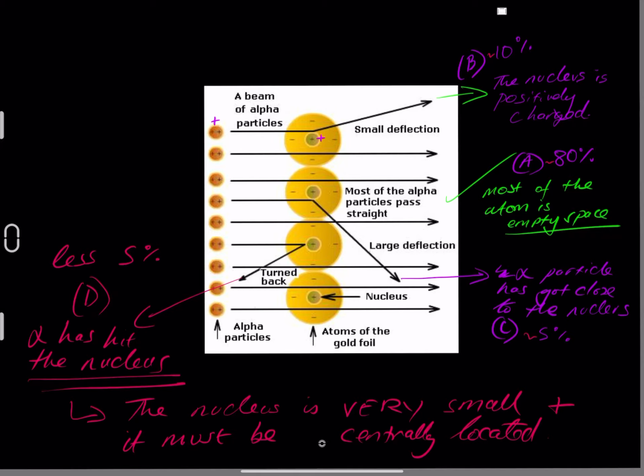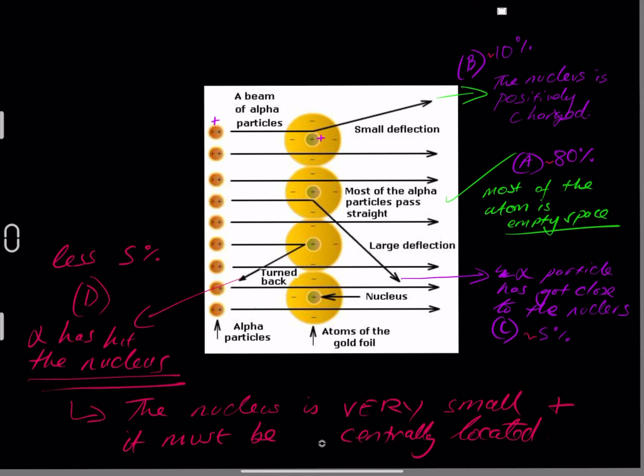So what the gold leaf experiment has shown us is that the nucleus must be positively charged, because the alpha particles are being deflected, or their trajectory is changing either a small amount or by a large amount, depending on how close they get to the nucleus.